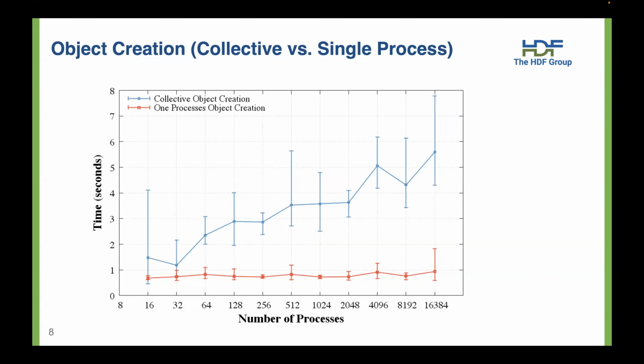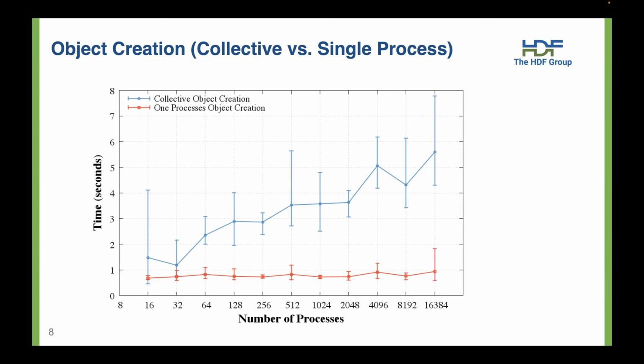When you first start off writing a parallel program, the first thing you want to consider is whether you should create all your metadata, such stuff like creating groups or data sets, using all the ranks, or should you just create those with one rank? So you open the file, create all your data sets that you plan to create during the simulation, close the file, and then reopen it with all the ranks to do the actual raw data writes.